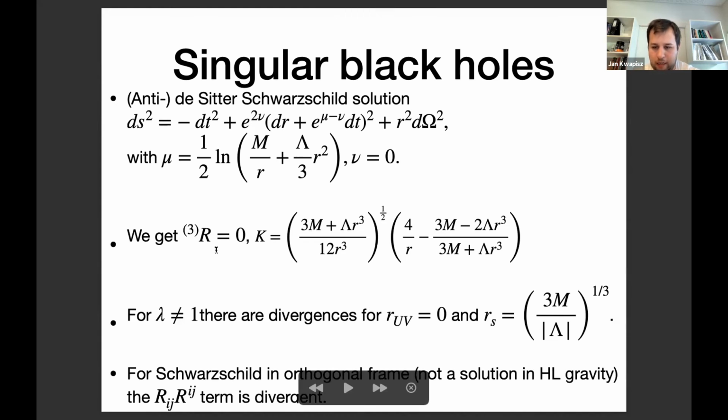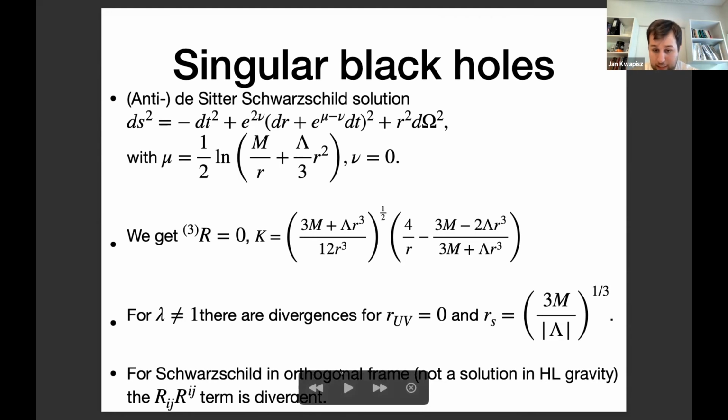However, now I can change the frame to the orthogonal frame, which is not a solution in Horava gravity. However, again, we are discussing path integrals, so in a sense, every metric goes. So not only solutions of a theory can go into the path integrals, but also metrics that are not solutions.